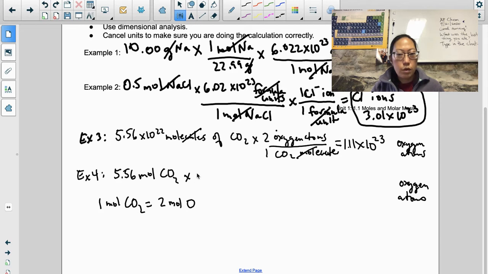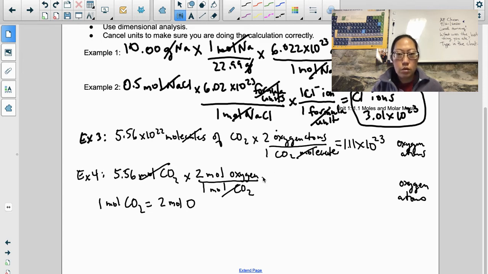So if I multiply here and say 2 moles oxygen divided by 1 mole CO2, that cancels that out. And then I have moles of oxygen, but I want oxygen atoms.